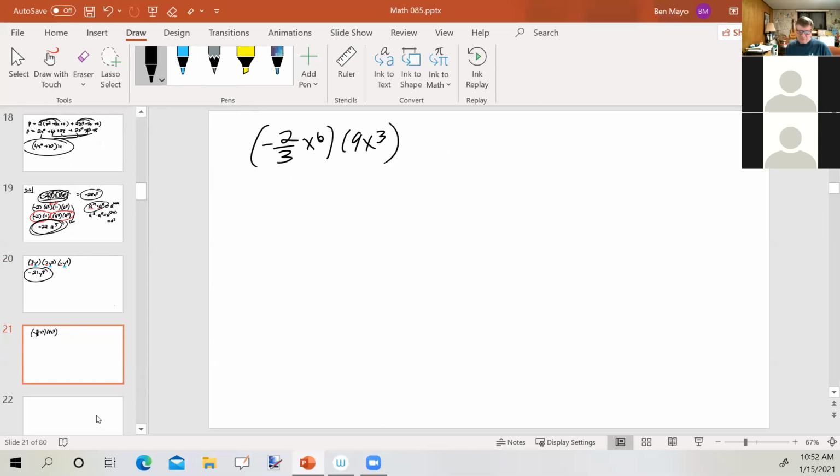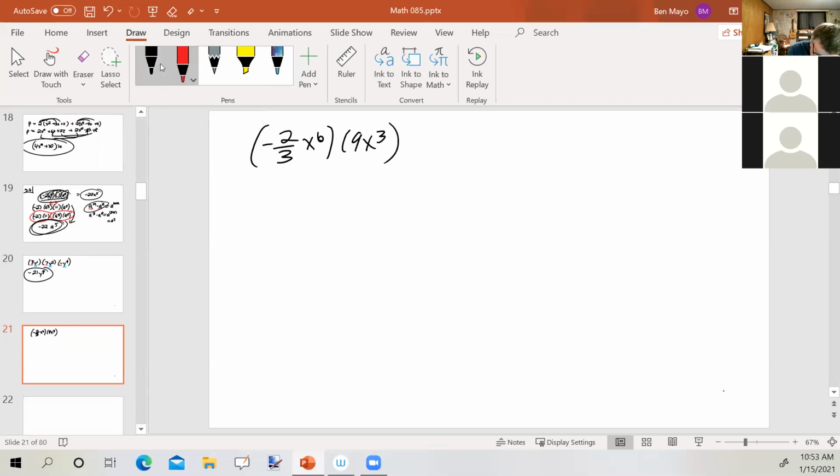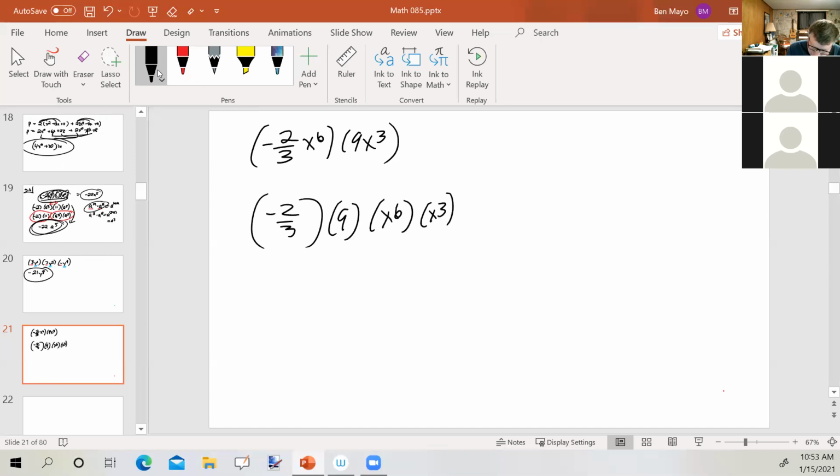All right. Now, I want to pull this one apart again just to show you what's going on there. So I could rewrite this as negative 2/3 times 9 times x to the 6th times x cubed, right? So in other words, I could put this and this next to each other. They're being multiplied.